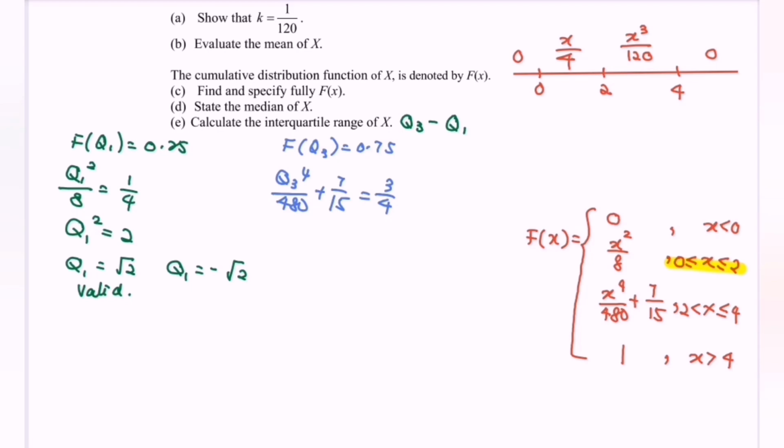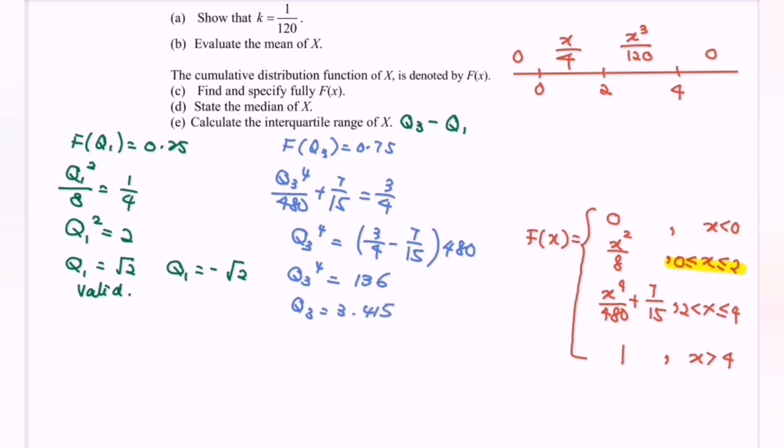Can you rewrite the situation? Q3 to the power 4 is equal to 3 over 4 minus 7 over 15, multiplied by 480. So Q3 to the power 4 is equal to 136. So for this part, Q3 is equal to the fourth root of 136. So we will have the answer 3.415.